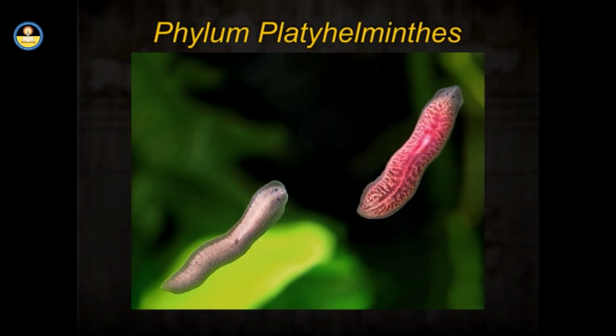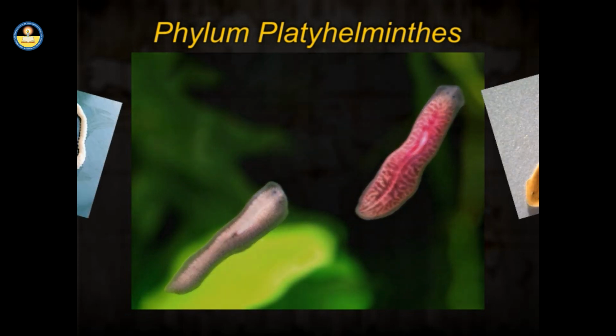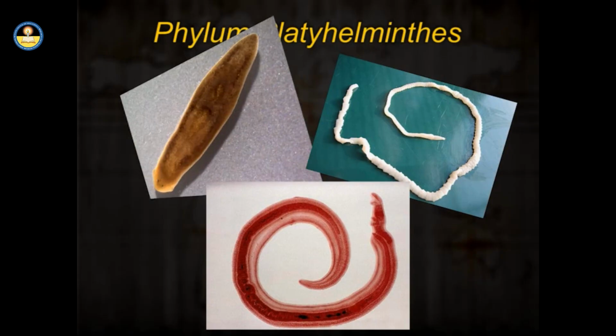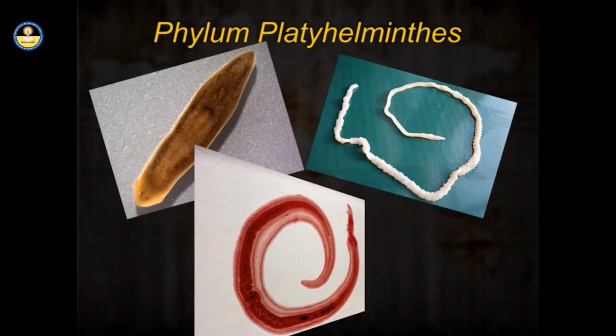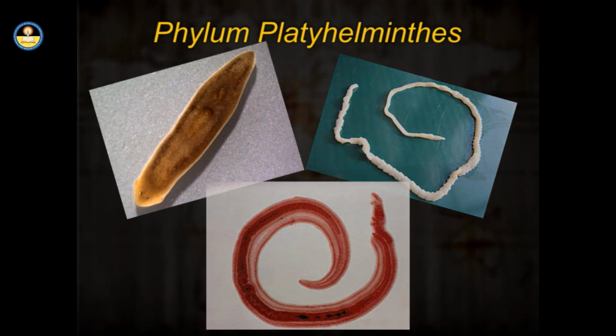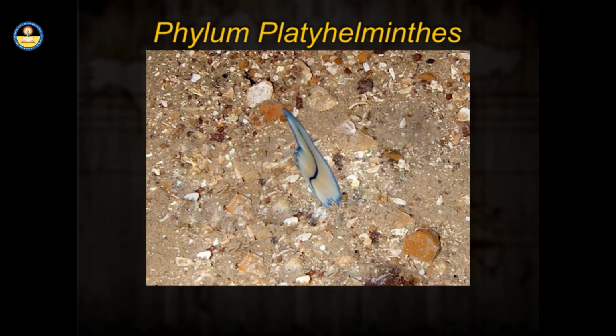Phylum Platyhelminthes. The Platyhelminthes include free-living flatworms like the planarians and the parasitic tapeworms and flukes. The term flatworm refers to the fact that the body is dorso-ventrally flattened.